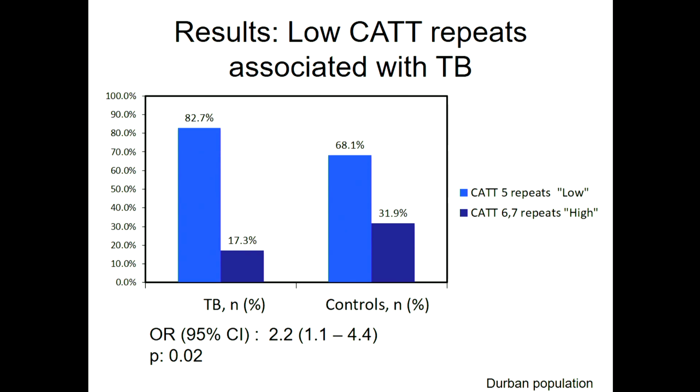Over 80% of the active TB cases had the low CATT5 repeat allele. If you compare this to the control group, less than 70% of the individuals had this low expression allele. The odds ratio for this was 2.2 with a significant p-value.